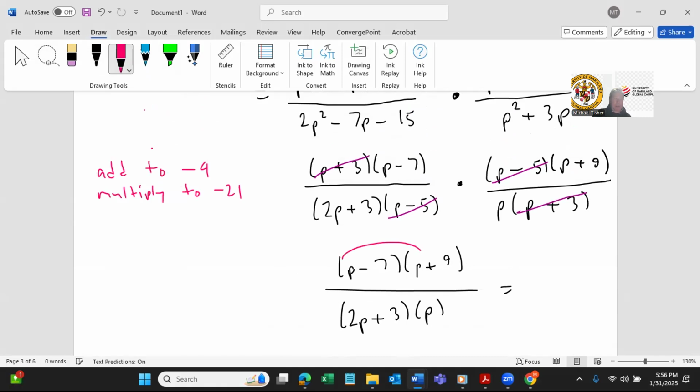All right, p times p is p squared. p times 9 is 9p. Negative 7 times p is negative 7p. Negative 7 times 9 is negative 63. And that's going to be all over, let's see, we have a 2p plus 3 in parentheses times p.